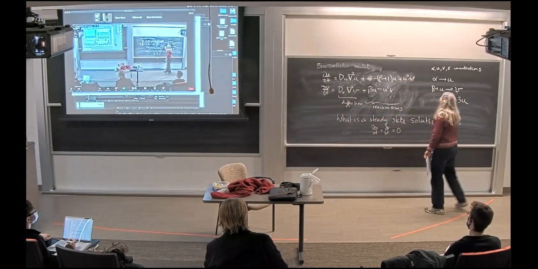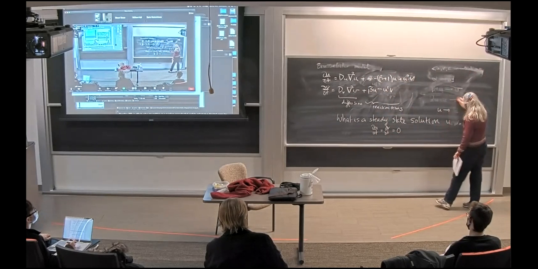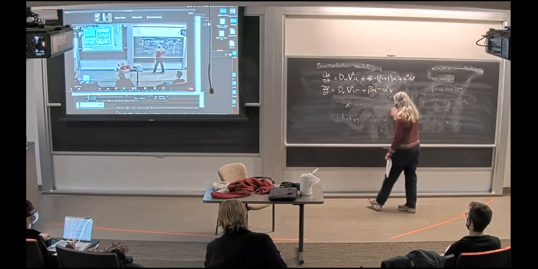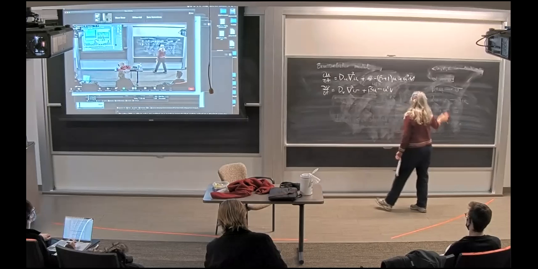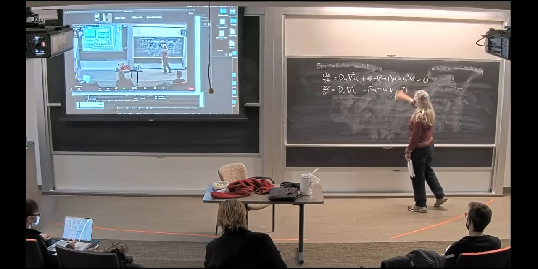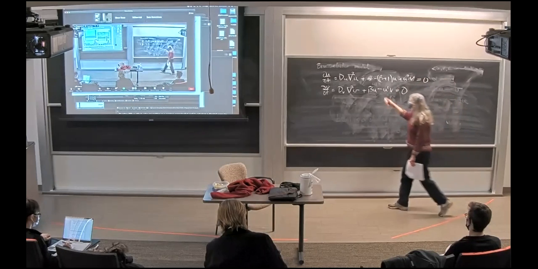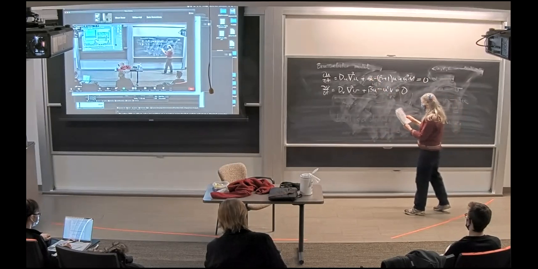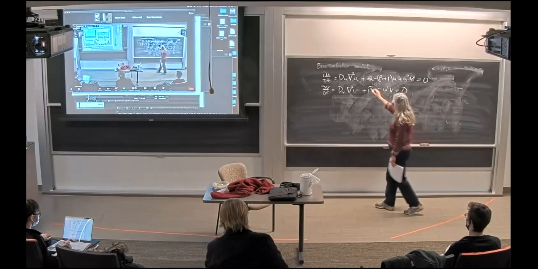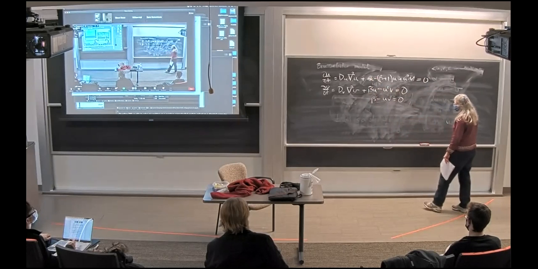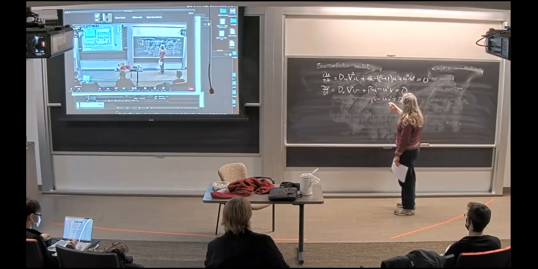Okay, so if we're looking for a steady state solution, we set this to be 0, we set that to be 0, and we solve for U and V. And so the second equation means beta minus UV is equal to 0, if I just take away one of those U's.